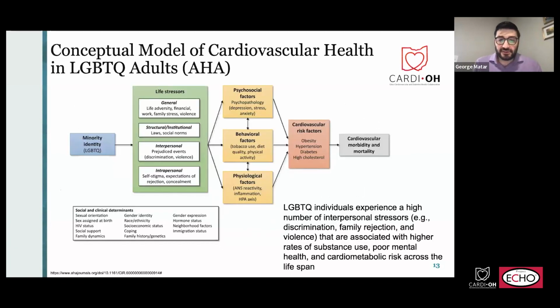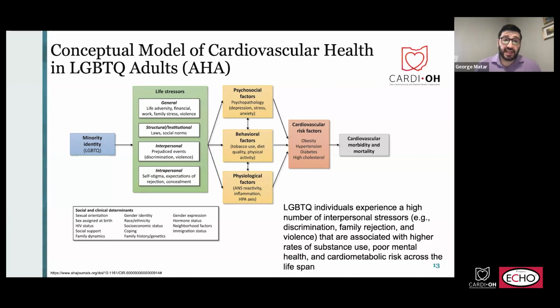The American Heart Association actually has a really fantastic conceptual model that they've developed for cardiovascular health in LGBTQ adults. And this talks about factors other than family history and genetics or other medical comorbidities that may contribute to the cardiovascular risk factors that these patients face. So life stressors, that's a big category that this patient population has challenges with.